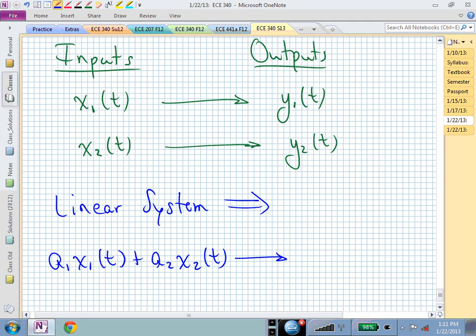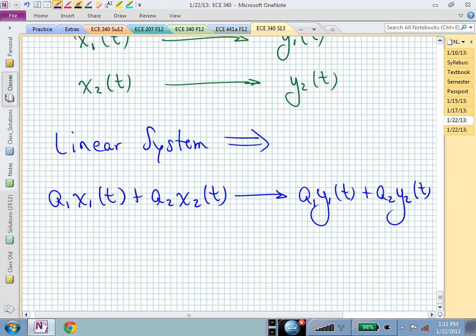So if I know how the system responds to x1, and I say that's y sub 1, and I also know how it responds to x2, and that's y sub 2, now I know how the system will respond when I give it a linear combination of x1 and x2. That's just going to produce an output equal to what? A1y1 plus A2y2. It's a linear system. This will now be A1y1 of t plus A sub 2 y sub 2 of t.